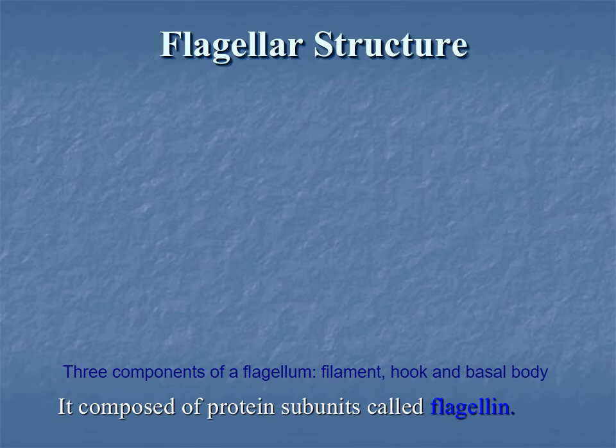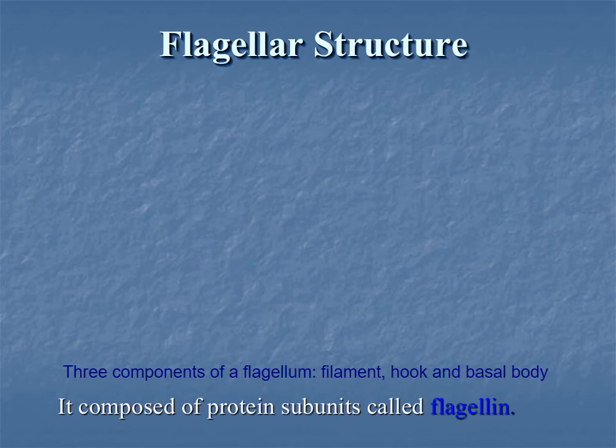Flagella structure. You can see that flagella contain a basal body, and this basal body contains rings, can contain one pair or two pairs of rings. It depends on the type of cell wall.